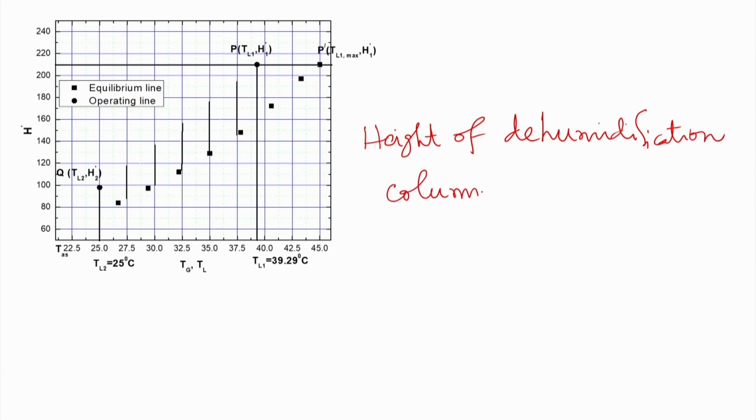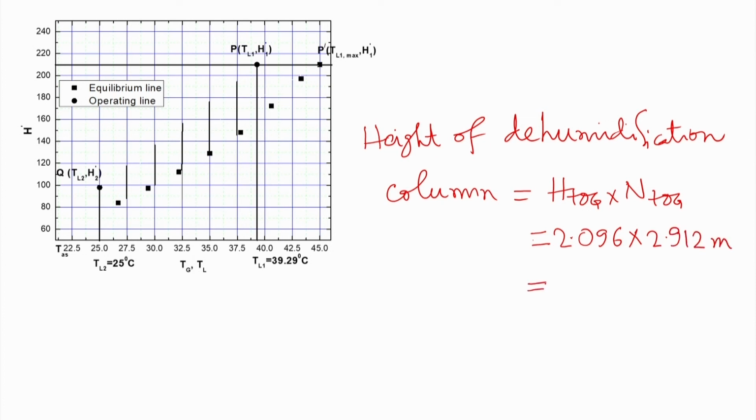From there we will get the total height of the dehumidification column, which is equal to HTOG into NTOG, that is 2.096 into 2.912 meter.